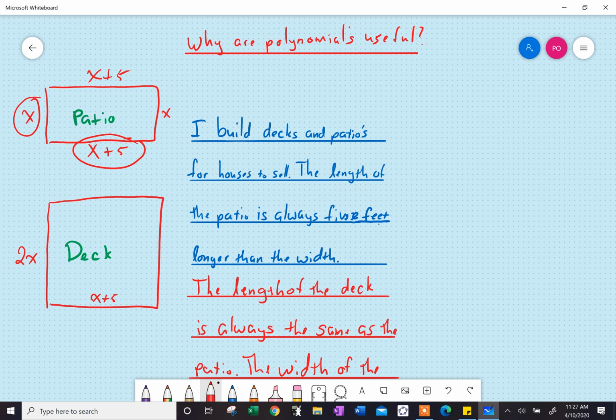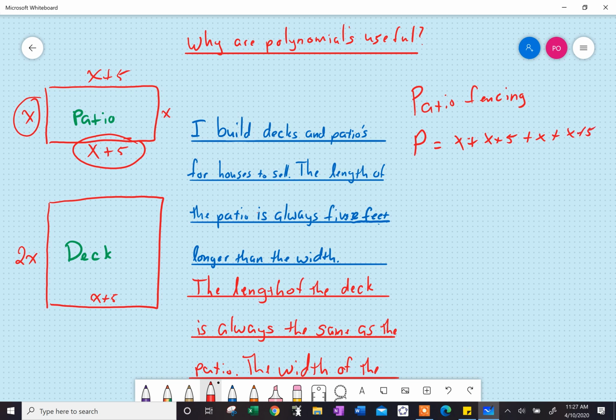So here's the deal. If I want to put up a little fence around my patio, I would say, well, I need to know how much fencing I need for the patio. So patio fencing. And by doing that, what I'm really trying to do is figure out the perimeter of the patio. So the perimeter would be x plus x plus 5 plus x plus x plus 5.